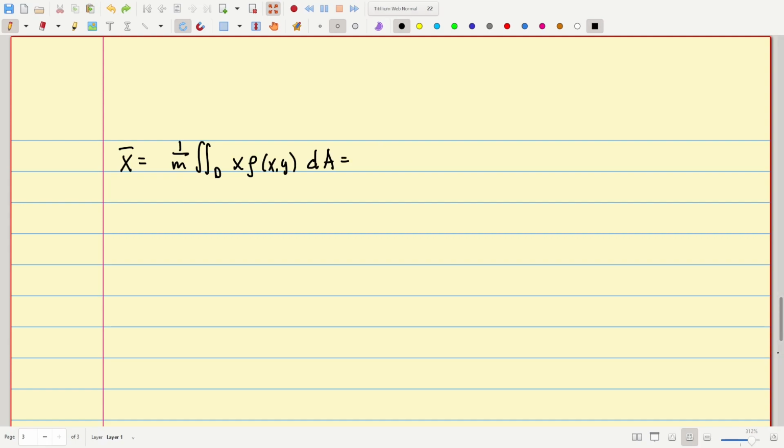And so for our case, it's going to be 25 halves because it's the reciprocal of the mass that we just calculated. And then we do the same integral again, except now there's an x being multiplied times our density function.